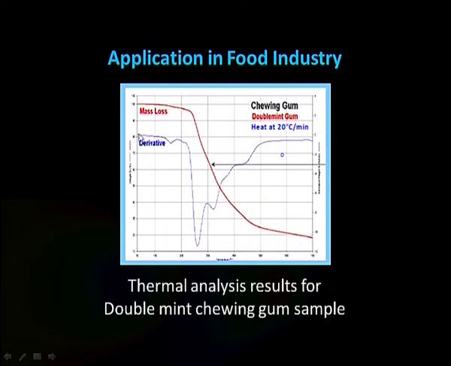Whereas in the DTA sample, we can see sharp peaks which are endothermic in nature, and you can see the second peak, a third bump, and a fourth peak. This indicates that if we heat it at 20 degrees Celsius per minute, we can see the results for thermal analysis of this chewing gum.